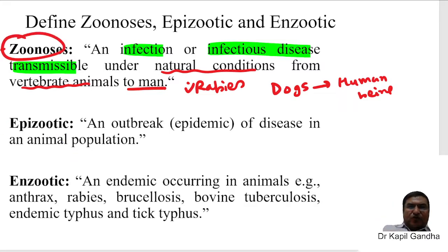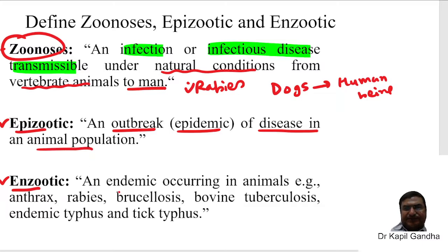There are two more subgroups of zoonosis: epizootic and enzootic. Like in human being, we can have epidemic and endemic, in the animal kingdom we can find epizootic and enzootic. What do we understand by epizootic? An outbreak, or we can say epidemic, of disease in animal population.